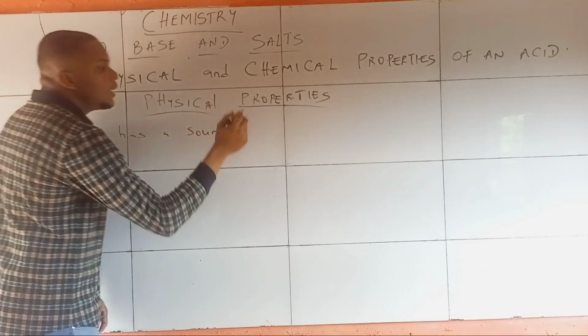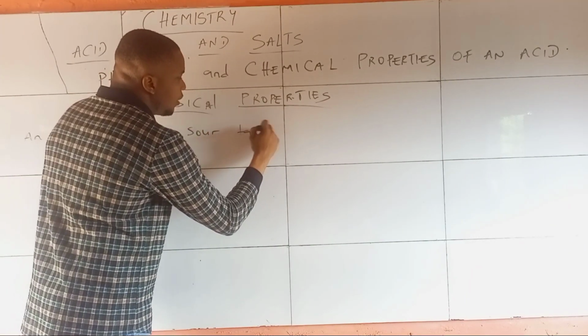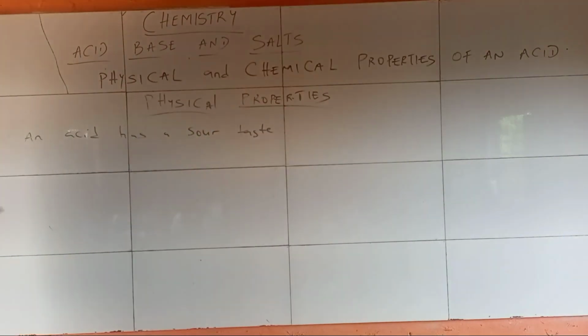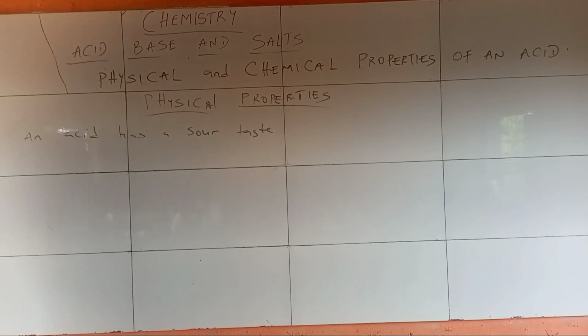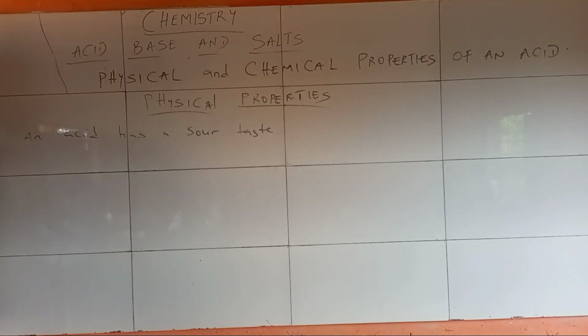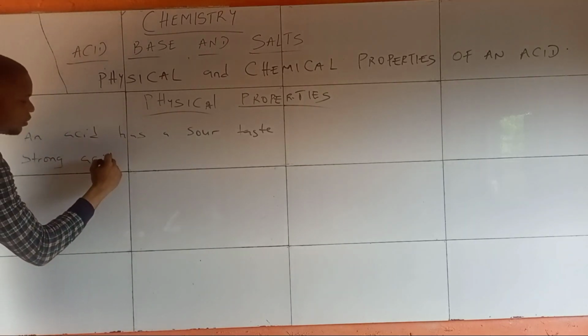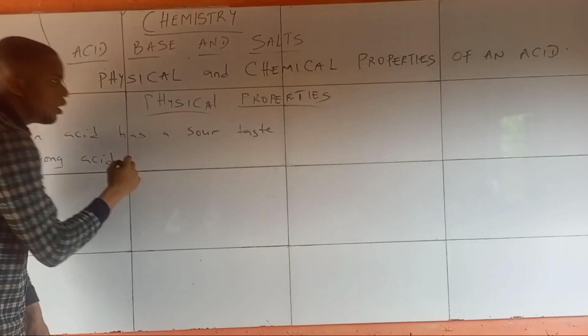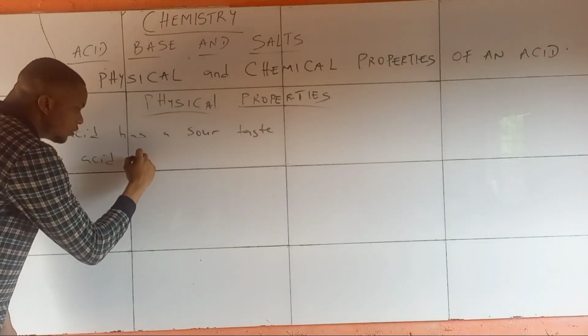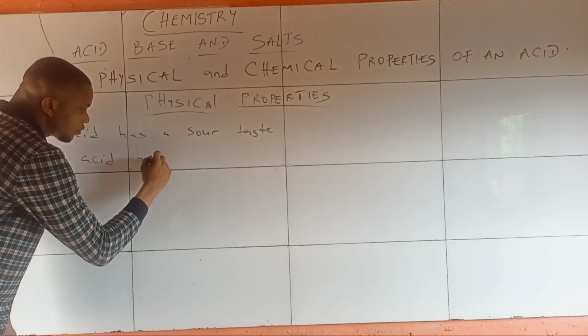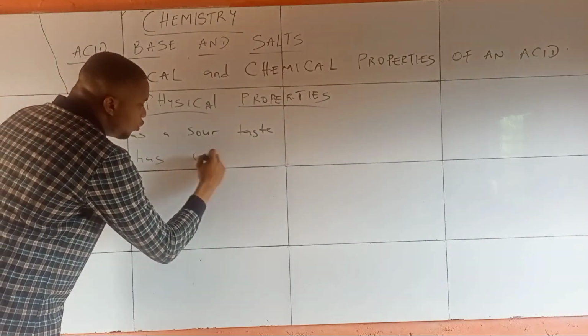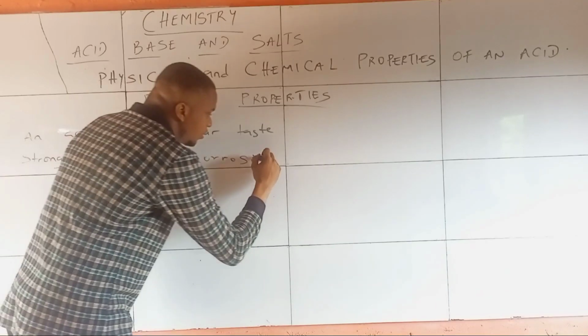An acid has a sour taste. Another physical property we can take note of is that strong acid has what? Corrosive tendencies.